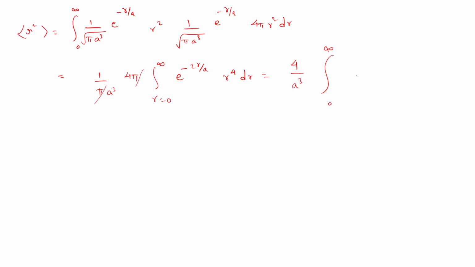the integral from 0 to infinity of e to the power minus 2r by a, and we have this r to the power 4 into dr. So what we can do, 2 by a to the power 5 for r to the power 4 dr, and here we can do a by 2 to the power 5.